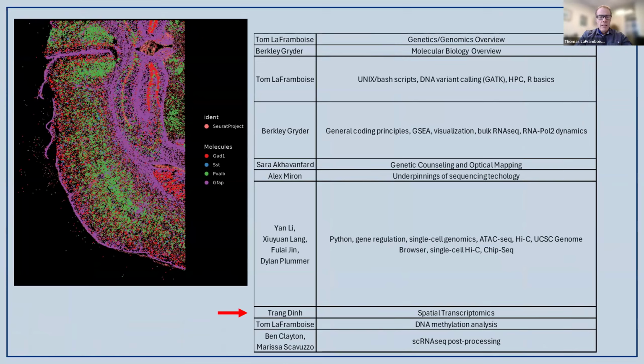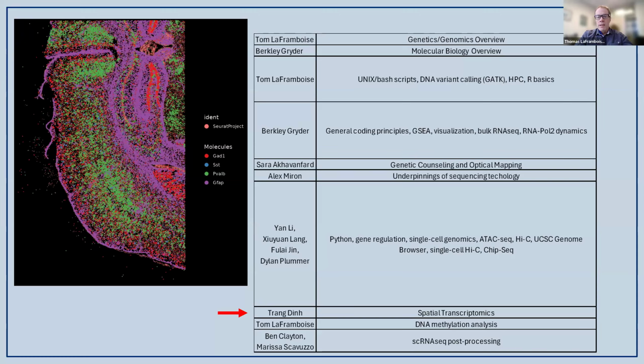You can look at expression of hundreds of genes at a near single cell level. So that's what this is showing, this image right here. And this is a very hot and developing technology. And she walks through the tutorials.